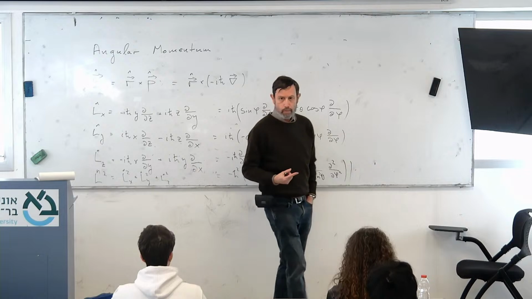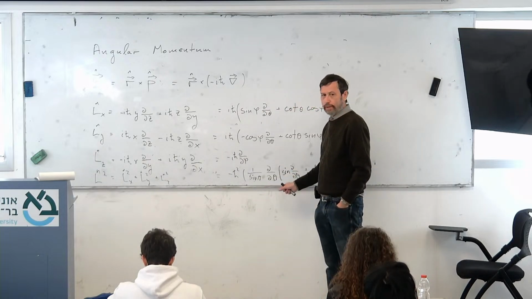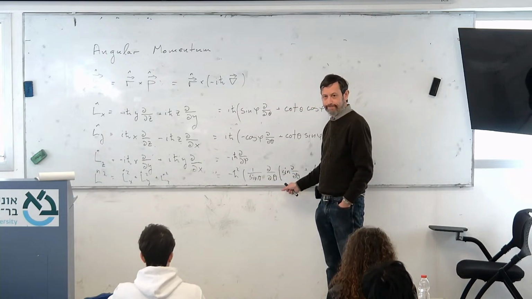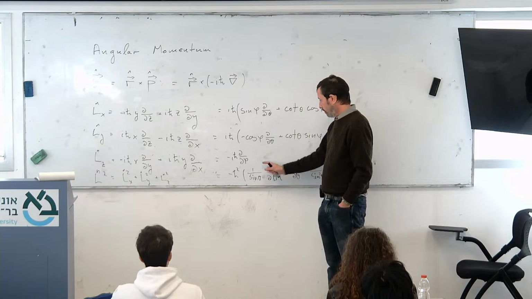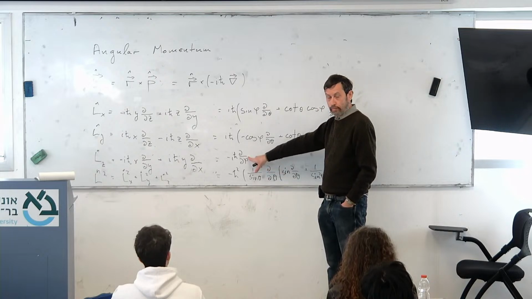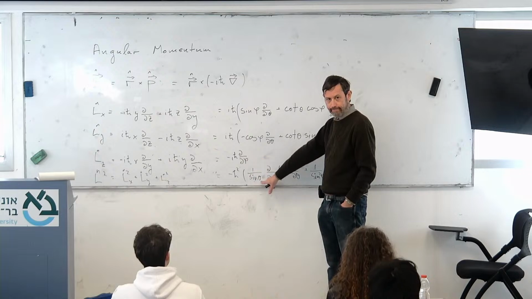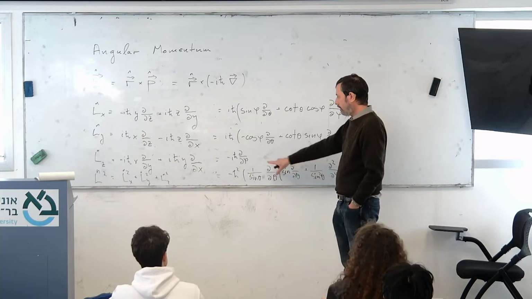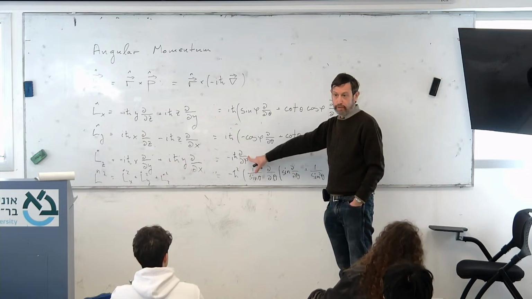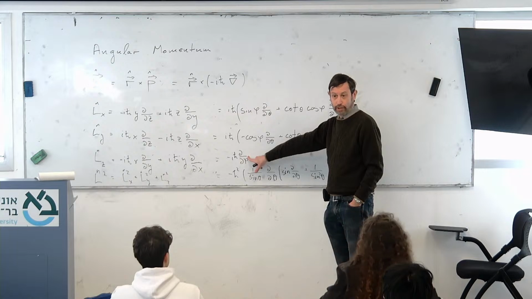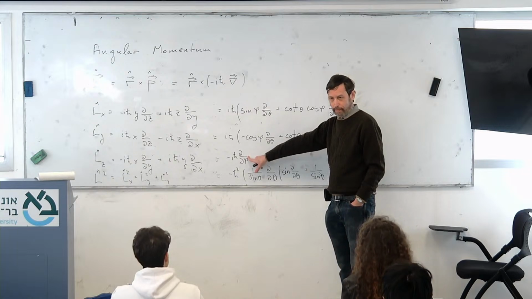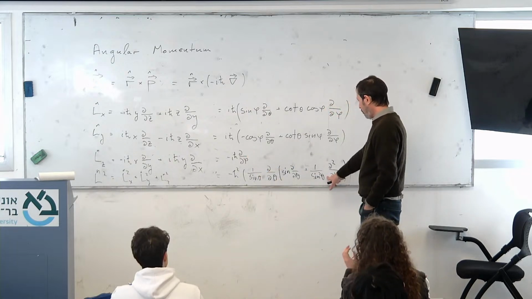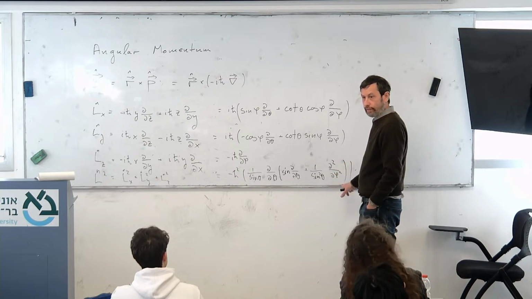Okay. So why did I say that we can always know L squared? Look, I have to do a commutation between Lz and L squared. Right? All these are theta dependence and this is phi dependence. So the commutation is 0. Here, it's just a derivative in phi.